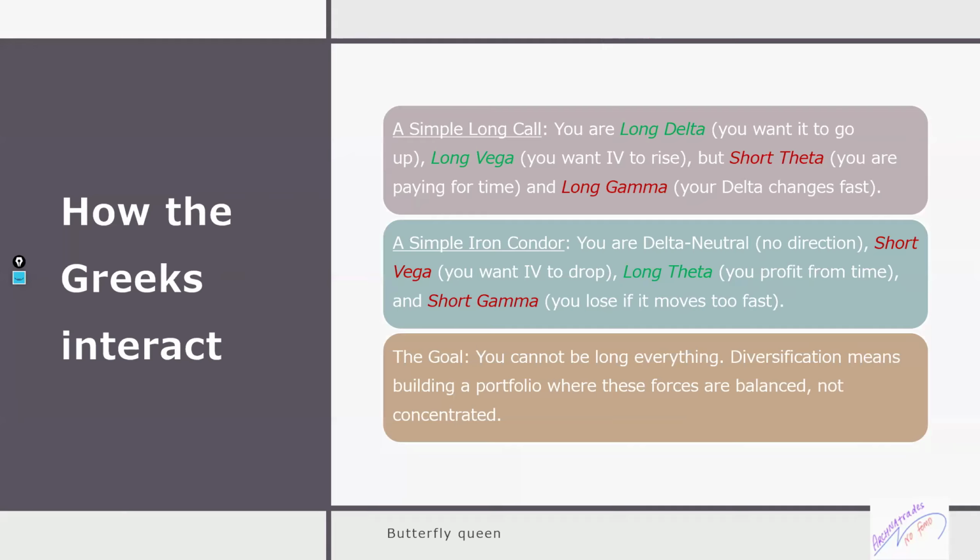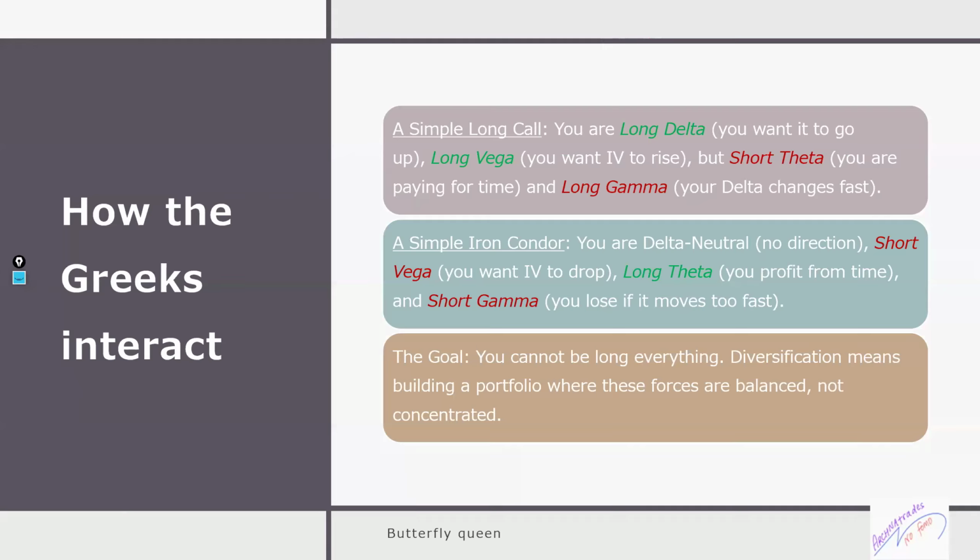So when you are long a call or long a put, you want not only the direction to work in your favor, that's why we say you are long delta, you want IV to rise. But it is a short theta trade, which means you are paying for the time, but you are long gamma.